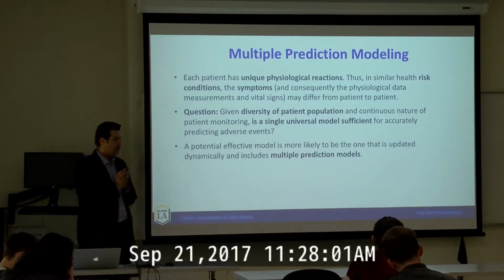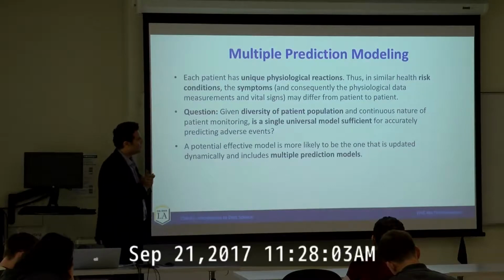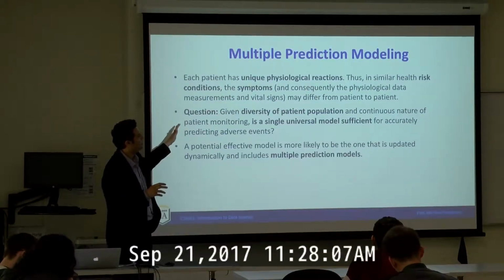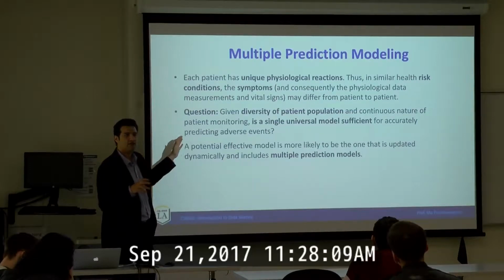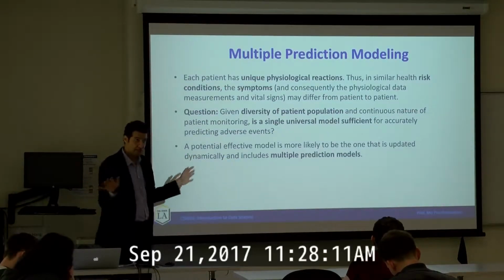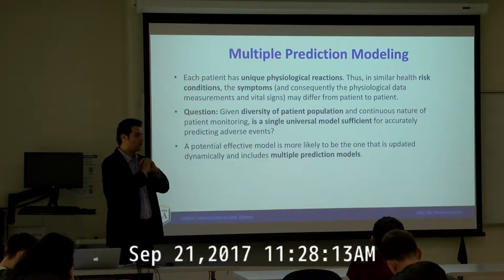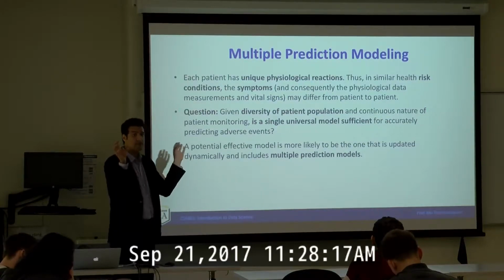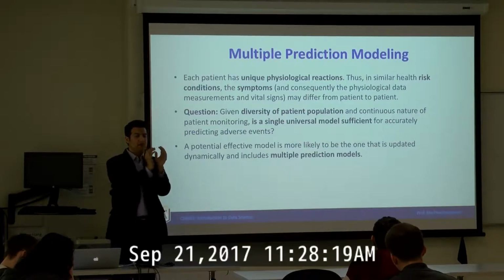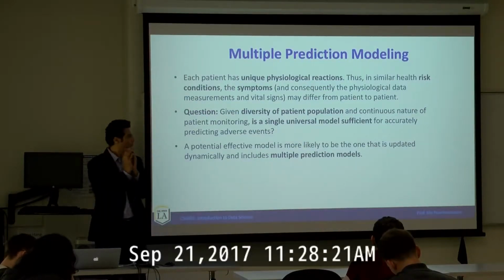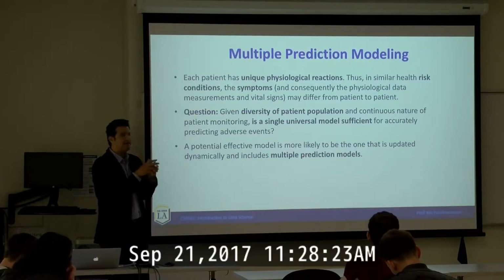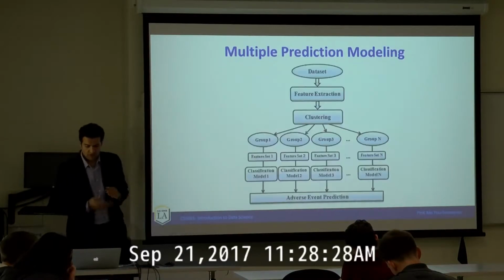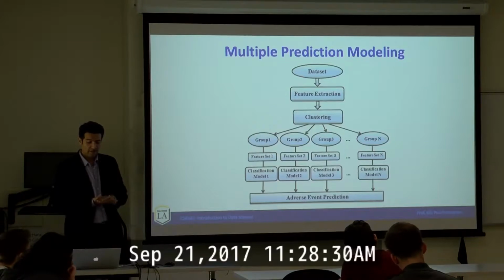So our results show that rather than using a single universal predictive model for every patient, it's better to cluster patients into several groups, put similar patients in a group, and then design a predictive model for each single group. So this is a new architecture that we applied.